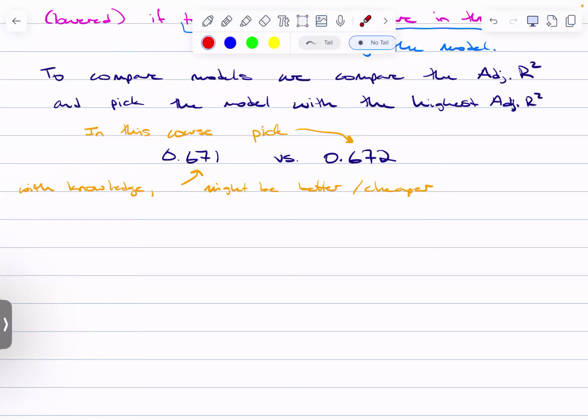Getting Excel to fit different models, and it'll produce the outputs, and you're comparing those adjusted R-squareds. There are other criteria, like the AIC, the Akaike information criterion. Who cares? We're just going to use the adjusted R-squared. There are other criteria, the mean squared error, for example, but for us, we just use the adjusted R-squared, and that's fine, right? In industry, that's perfectly reasonable.